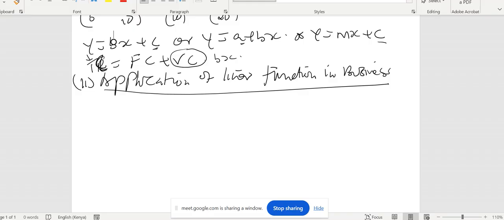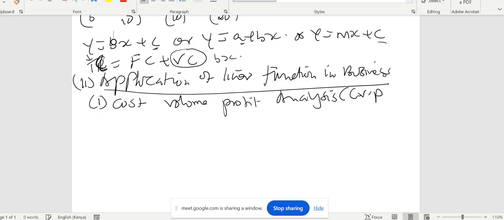One, we use this most importantly in cost volume profit analysis. It's called the CVP analysis.